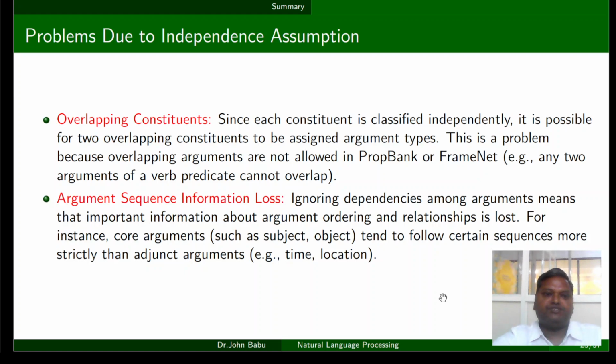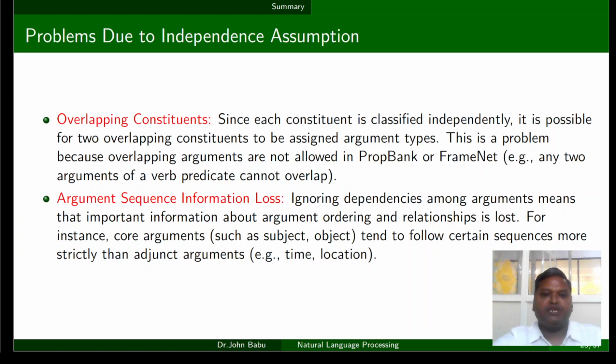So because of this assumption, there are two important disadvantages. One is when we assume that they are independent of each other, sometimes they will be classified as the same argument. That means the constituents will be overlapping. There will be overlapping assignment.